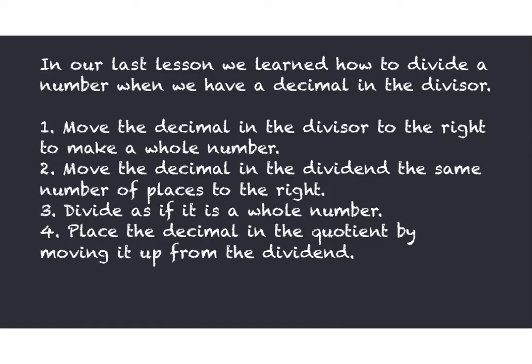So we move the decimal in the dividend the same number of places to the right. Then, step 3, we divide as if it were a whole number. And then step 4, we place the decimal in the quotient by moving it up from the dividend. Let's take a look at a couple of word problems here to see if we can remember how to do this.